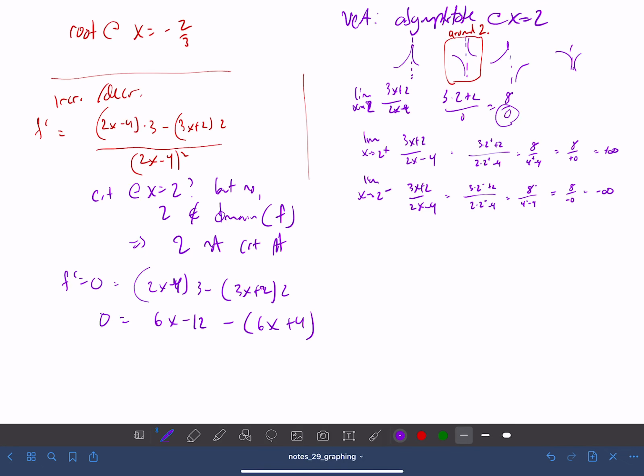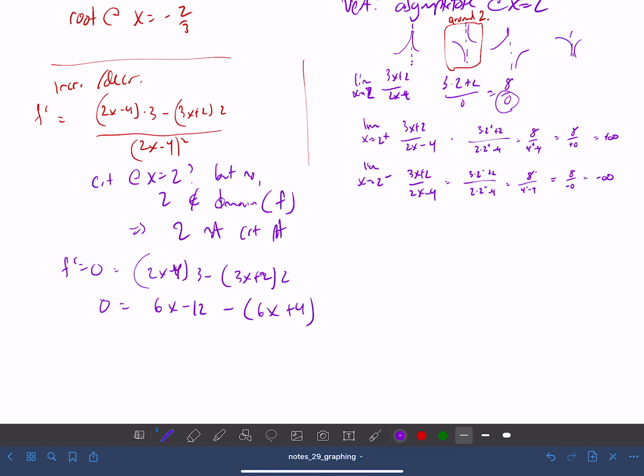Being careful with the signs here. I'm a little concerned that I'm about to get 0 equals. Let me think for a second. Yeah, okay. I'm just letting the arithmetic do what it does.